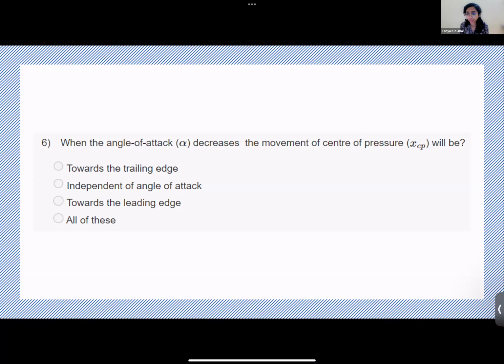Since the CG will go towards the leading edge when angle of attack decreases, CP would also react in the same manner. Does the CG move when the angle of attack changes? What is CG?